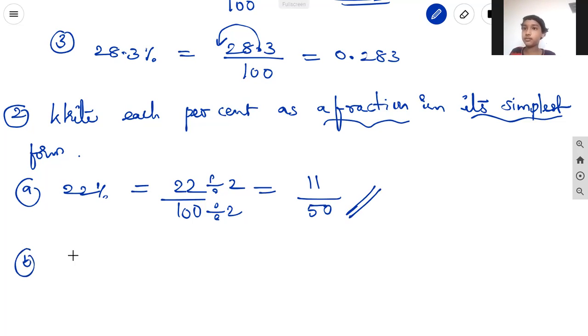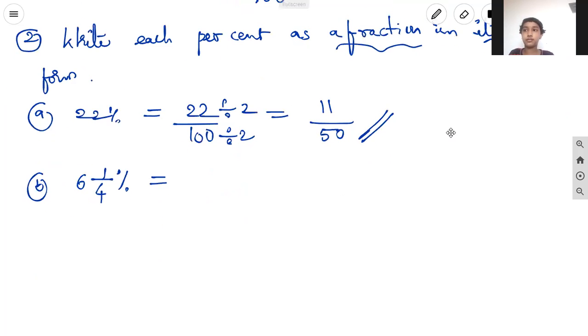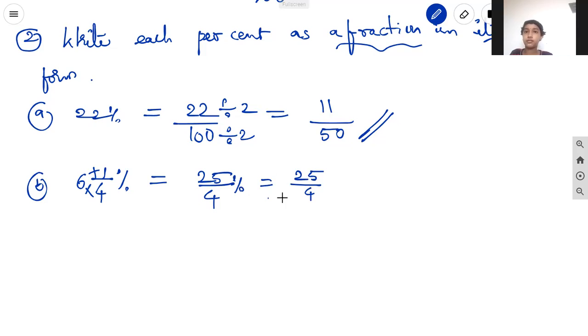Second problem. 6 1/4 percentage, a mixed fraction. First, we convert it into an improper fraction. 6 4s are 24 plus 1, 25/4. Percentage, that is equal to 25/4 per 100.